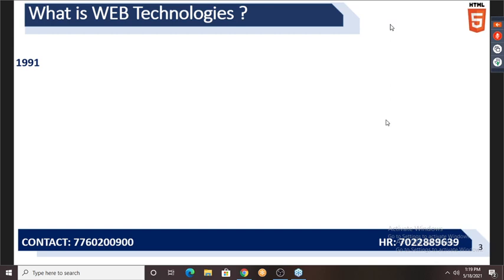We call it a user interface, meaning the user is using that interface. You will have a sign up button, a form text box, image sliders, and some pop-ups. That is the user interface, the UI part.